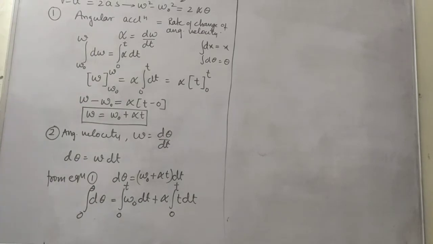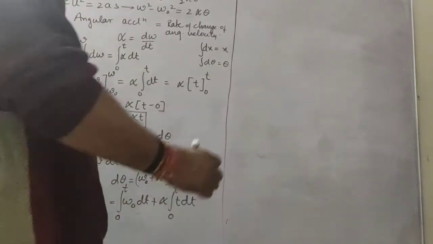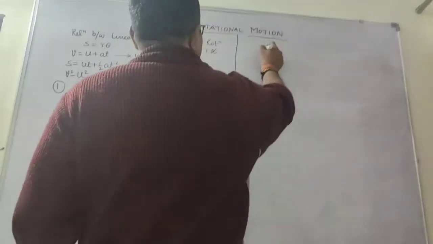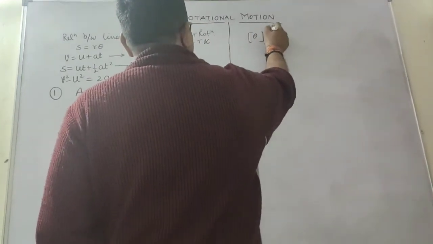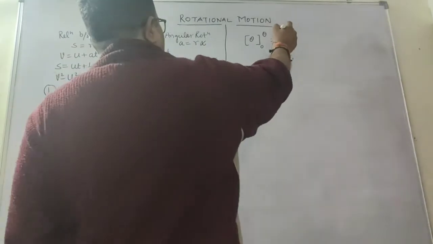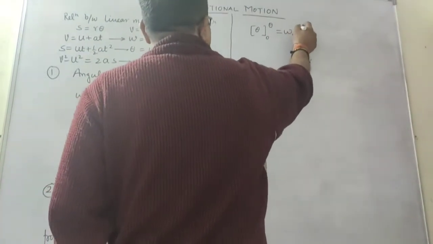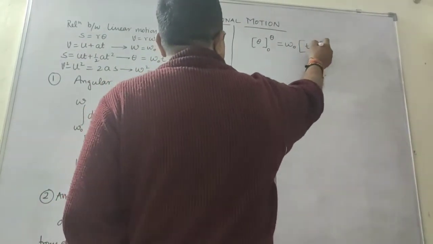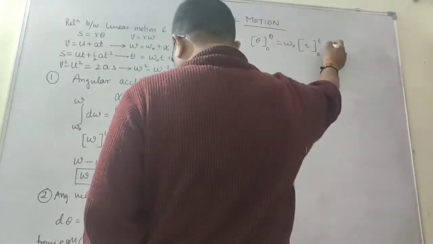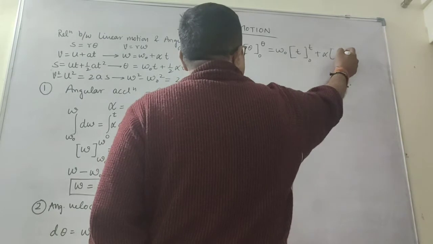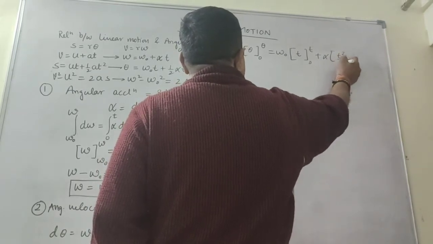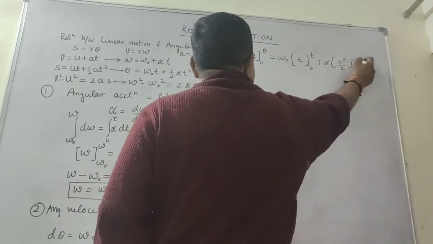This is the upper limit. Now the integration of d theta is theta, from 0 to theta, is equal to omega naught, which is not depending on time, times integration of dt, which is t from 0 to t, plus alpha t square by 2 from 0 to t.